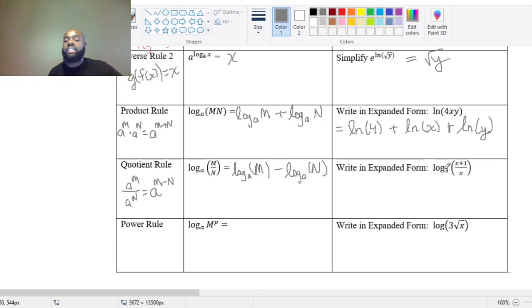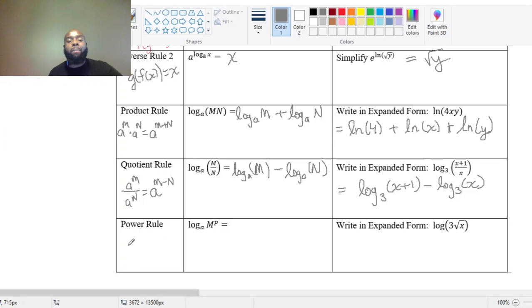In this example, I have log at base 3 of x plus 1 all over x. In expanded form, this is going to be log at base 3 of x plus 1 minus the log at base 3 of x.